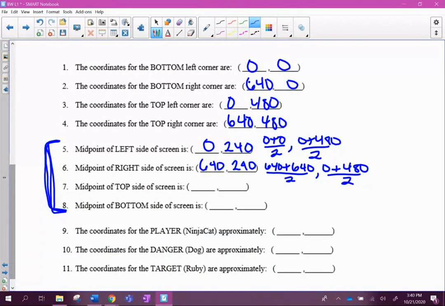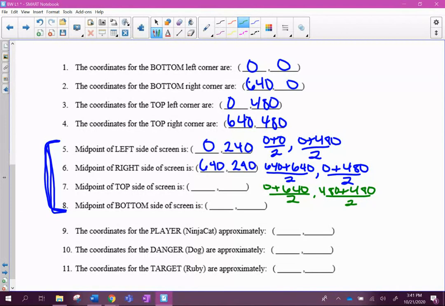My midpoint of the top side of the screen, so we have 0 plus 640 divided by 2, comma, 480 plus 480 divided by 2.